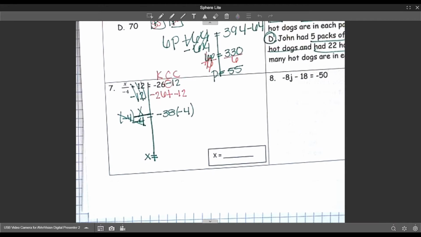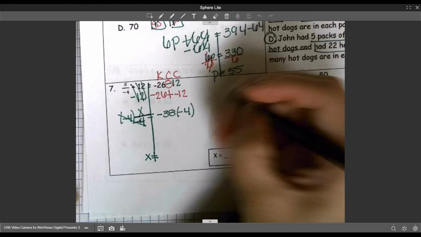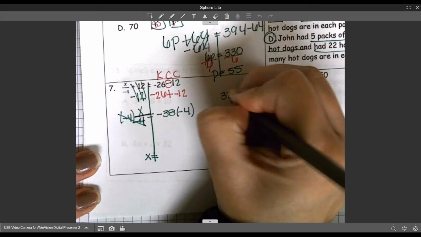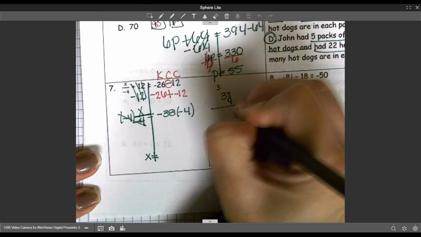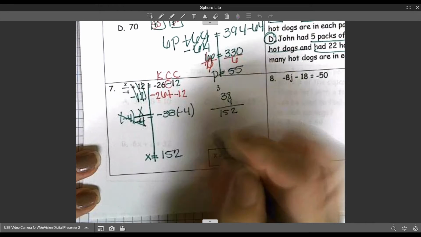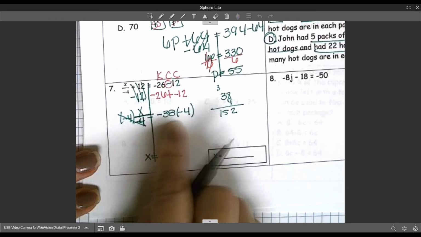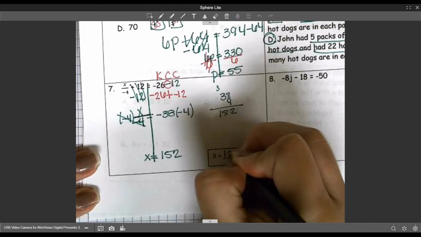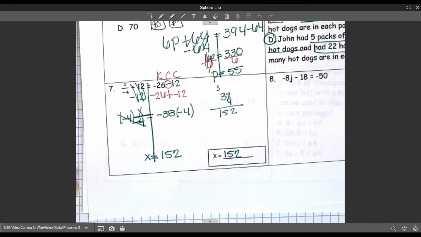So I end up with x equals, what is negative 38 times negative 4? Yes, if I do negative 38 times negative 4, I get 152. Why? Because they're both negative. Two negatives make a positive, so x is equal to 152.